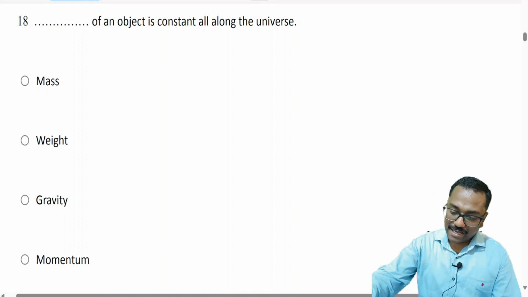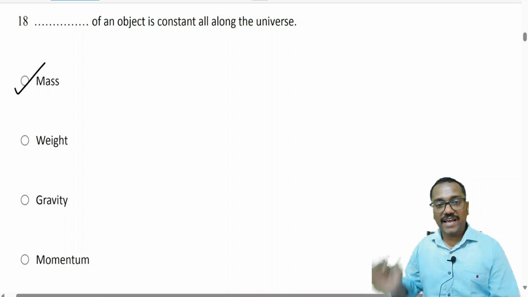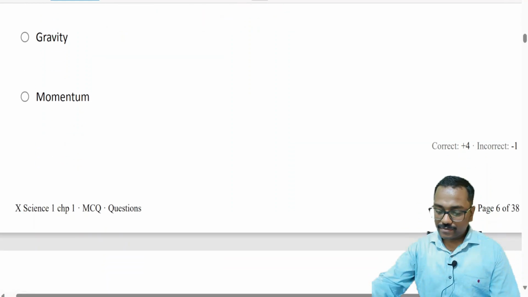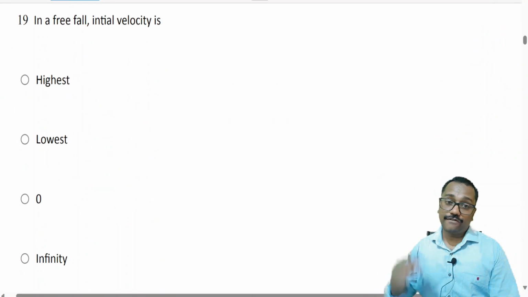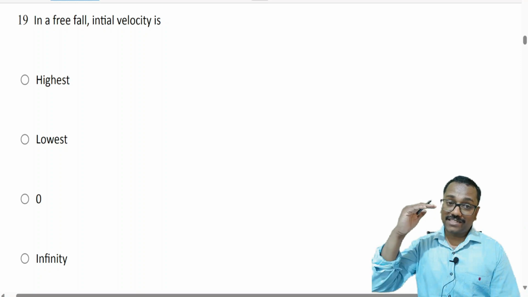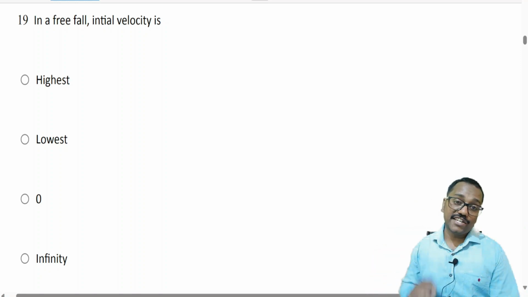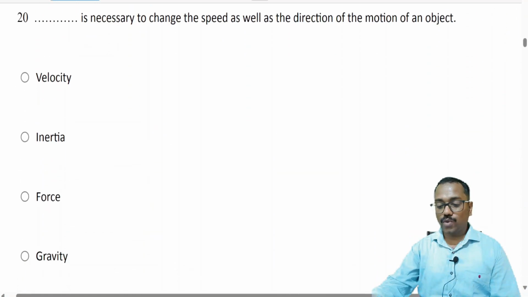So mass of any object remains constant if you go anywhere in the world. Next, 19th. In a free fall, the initial velocity is highest, lowest, 0 and infinity. The object starts from top, right? So at that time the initial velocity is always 0. So answer is 0.